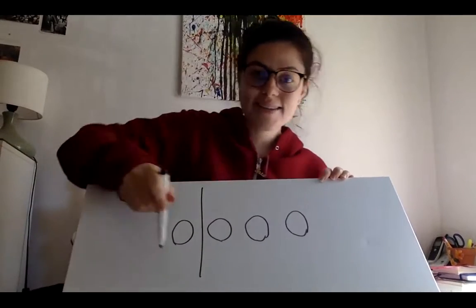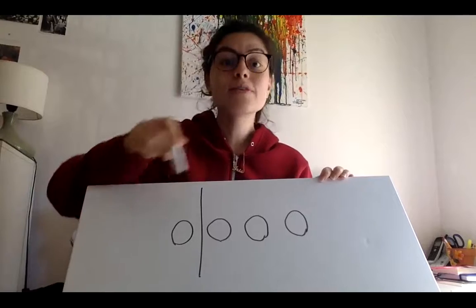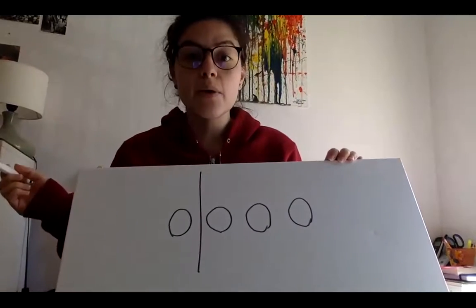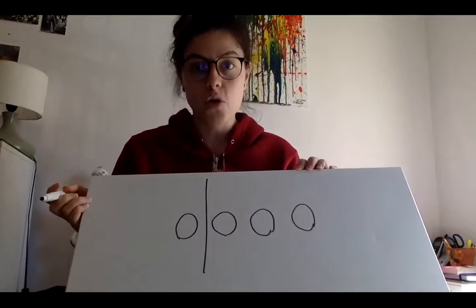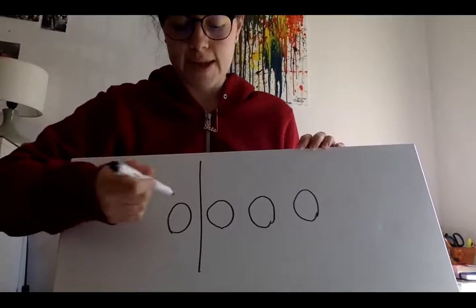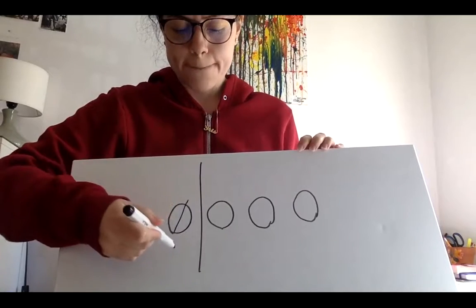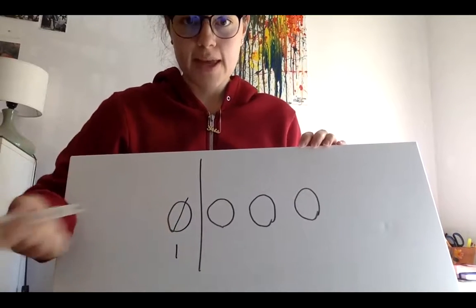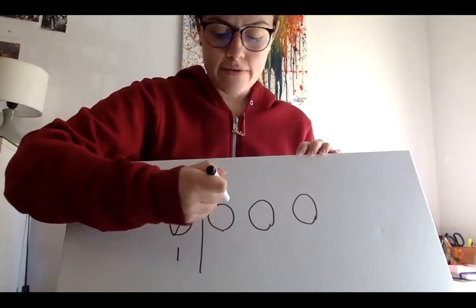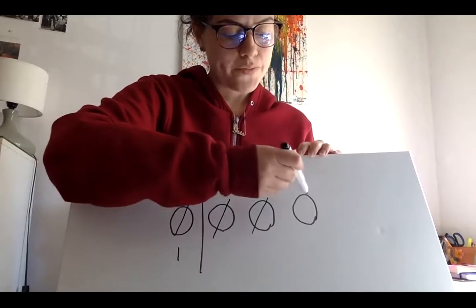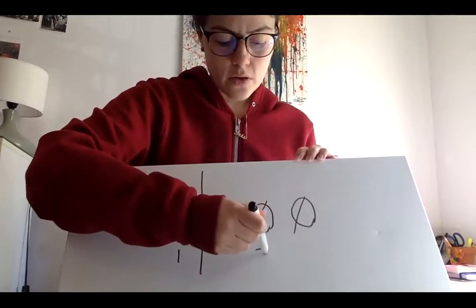Now, I still have 4, but now it's in 2 parts. Let's figure out how many dots are in my first part. Let's count. 1. I'll write down the number 1. In my second part, I have 1, 2, 3.